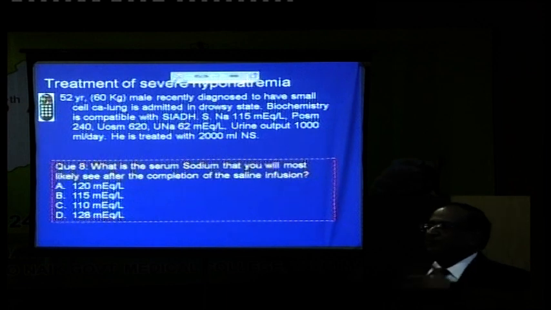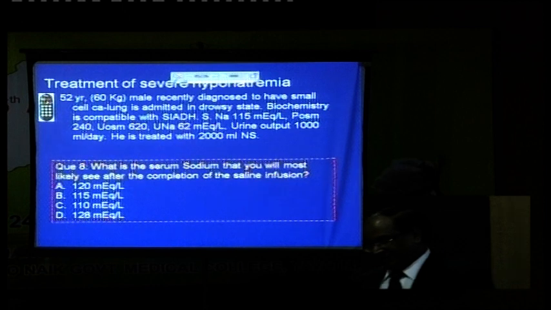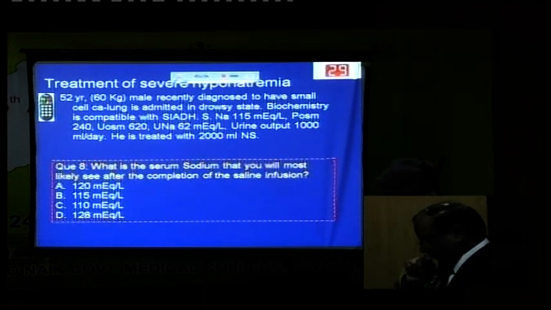what do you think, if you were to repeat after 2 liters of saline, what should the sodium be? I'm starting the audience response now, so we can see where we are.